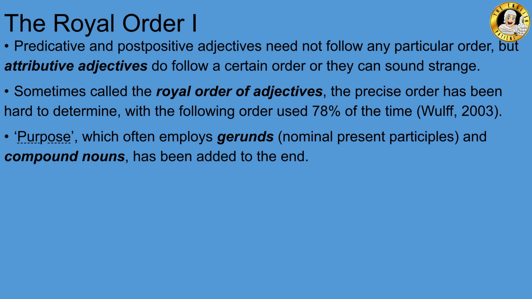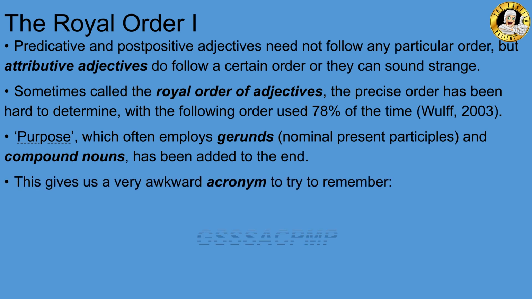Now, not in Wolf's research, but purpose often uses gerunds, which are nominal present participles, -ing forms of verbs which are being used as nouns, and compound nouns, for example, coffee table. The coffee is telling you what the purpose of the table actually is. These could be considered to be compound nouns. This has actually been added to the end because that's the position of those compound nouns and gerunds.